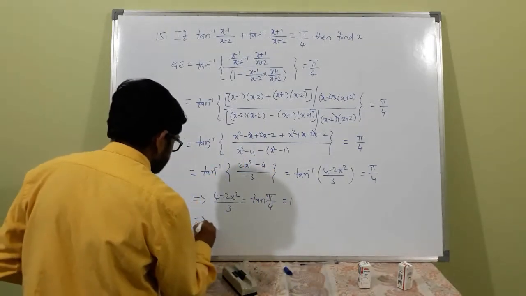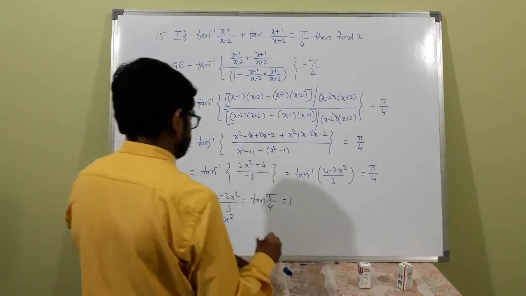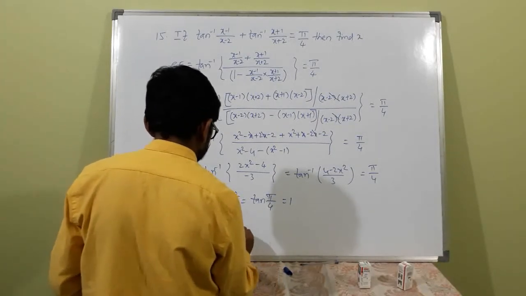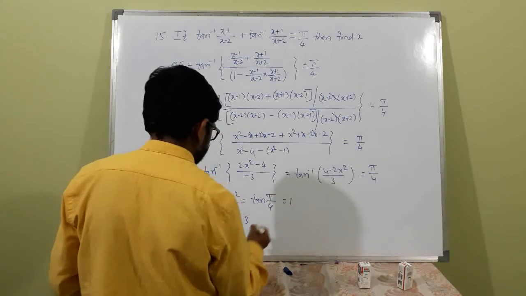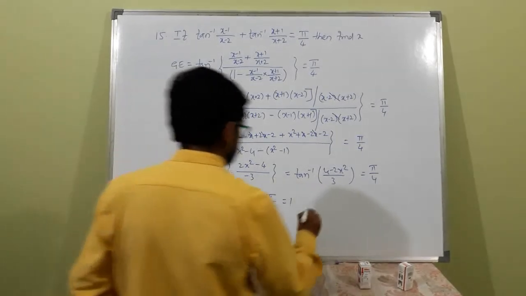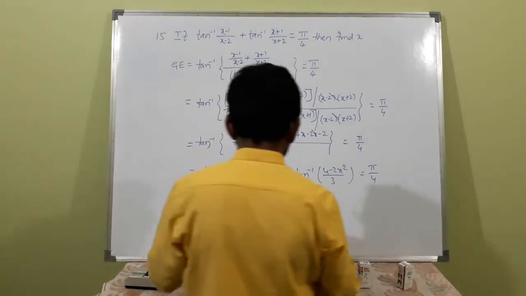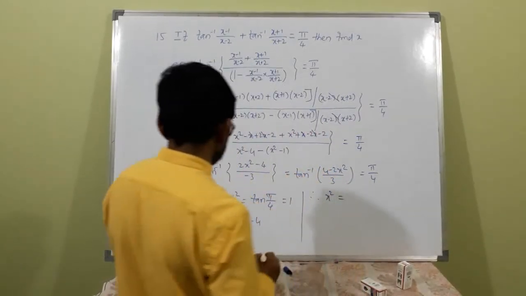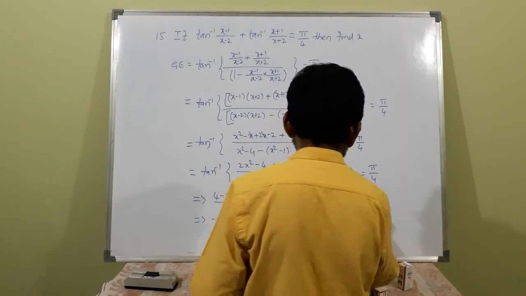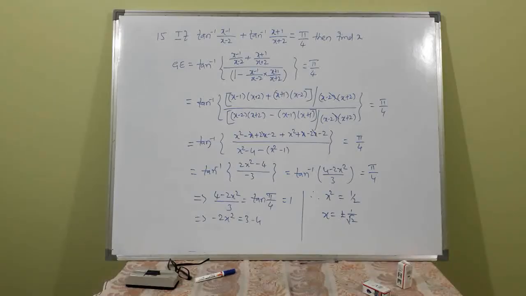So minus 2x squared, this is 3 minus 4, cross multiplication minus 4, therefore I will write it here, x squared is equal to minus, this is half, so x is equal to, okay, power root. So x is plus or minus 1 by root.